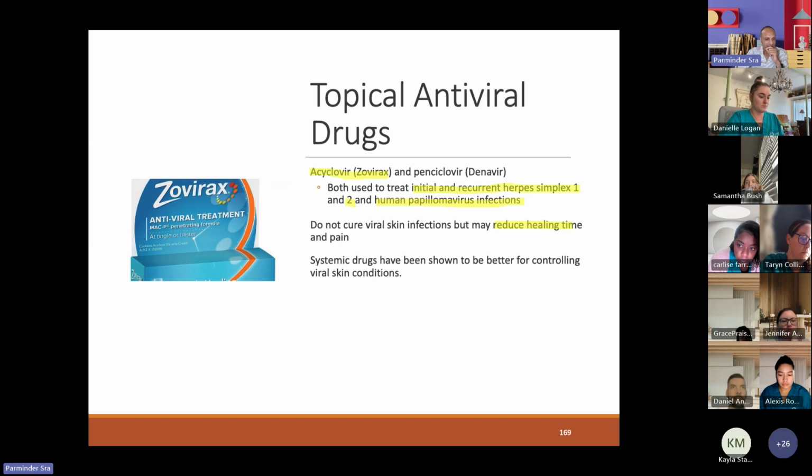And there are other drugs as well, but this is one of the most common ones used. There's penciclovir, then there's docosanol, which is your Abreva. You guys heard about that? That's over the counter for cold sores, which are caused by HSV1, herpes simplex virus 1.